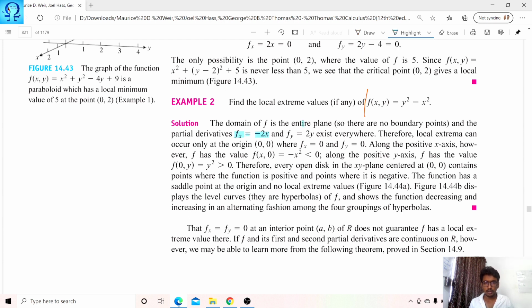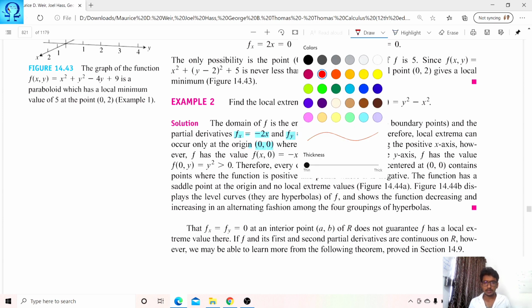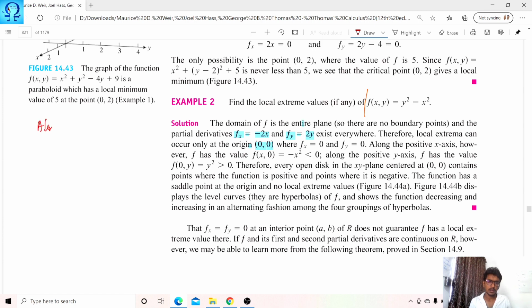Okay, so your f_x, the first derivative with respect to x, is minus 2x, and your f_y is 2y. If you equate them to 0, you can see this is the only point where your f_x and f_y can be 0. Now if you take the case along the y-axis, there your x value is 0, therefore your function becomes only y squared.